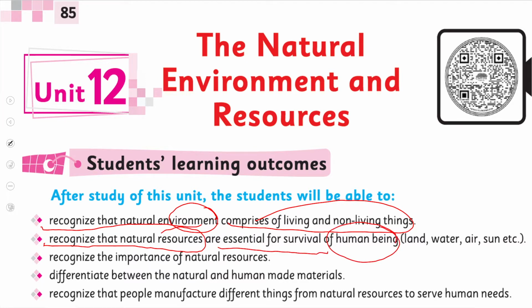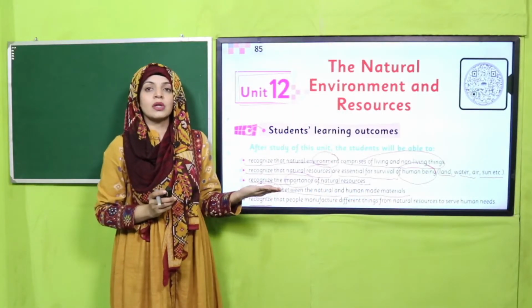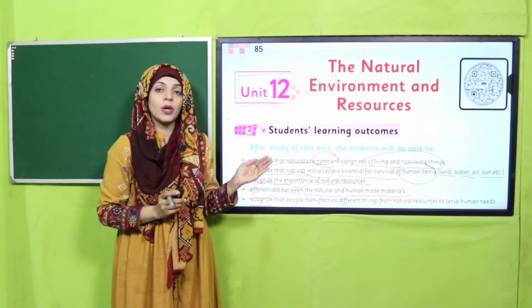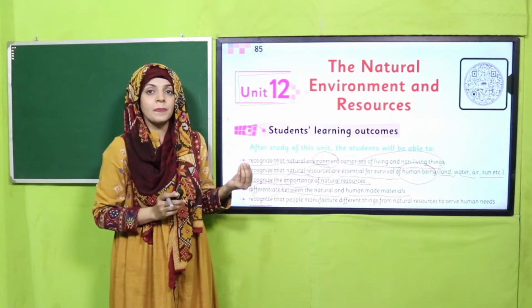And the natural resources which are included were land, water, air, and sun, etc. Recognize the importance of natural resources. Differentiate between the natural and human-made materials. Recognize that people manufacture different things from natural resources to serve human needs. So, my dear students, these are all the student learning outcomes which we have covered in the previous 7 lessons.